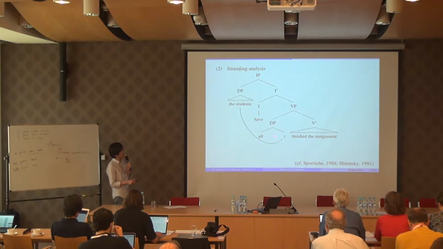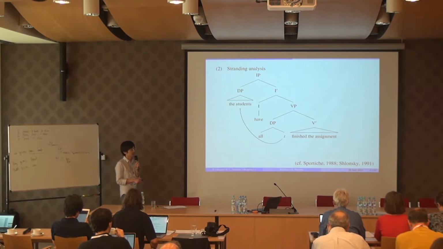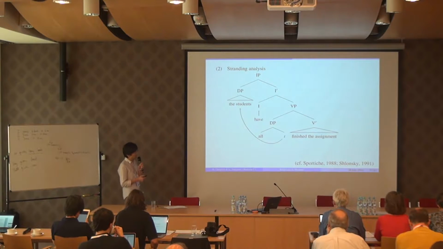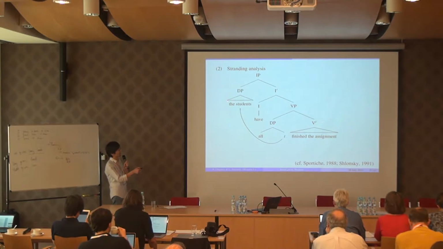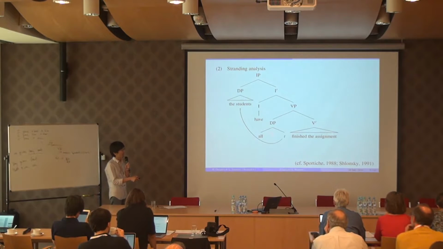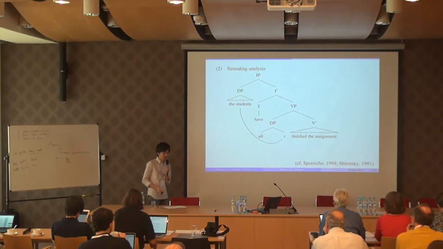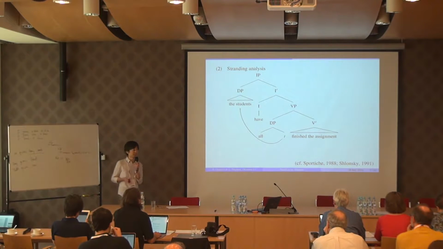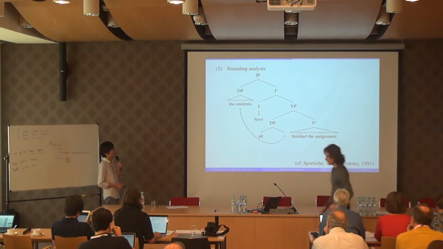So the students moves to the spec IP position as a subject, leaving the quantifier behind. The resultant structure is subject, verb, and quantifier appearing at the edge of the verb phrase. This stranding analysis is not available in LFG or HPSG without any transformation anyway.